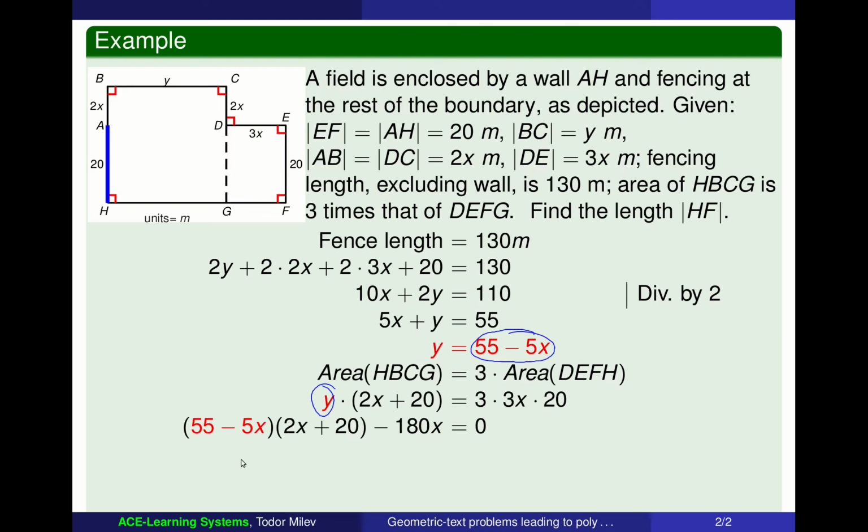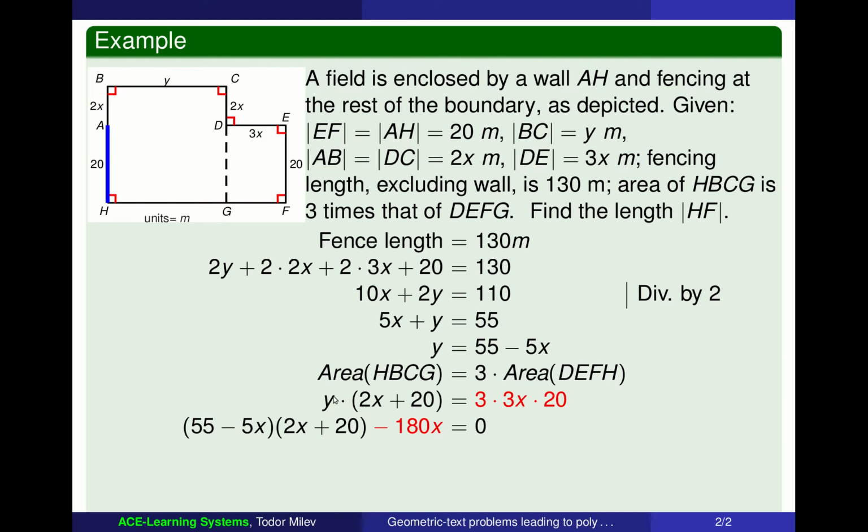So I can take y and replace it with 55 minus 5x, and my polynomial system has now been transformed to a single equation. Okay, so let's solve that equation. I know that I can solve it because it's quadratic. As you can see, the highest order term on this side is 5x times 2x, so this is a quadratic equation.